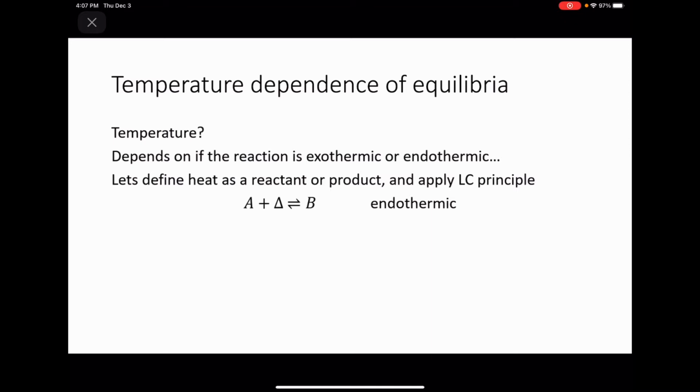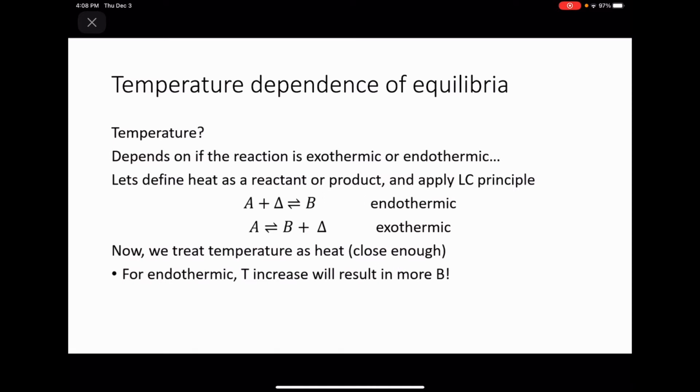So we've got our A and B. Now I have a delta, which represents our heat. In this case, it's endothermic. We must add heat to make it work. And in the case of exothermic, you get heat out. So heat is now a product, whereas in endothermic, heat was a reactant. So if we treat temperature as heat, which is close enough, for an endothermic process, if we increase temperature, it's like we're adding a reactant.